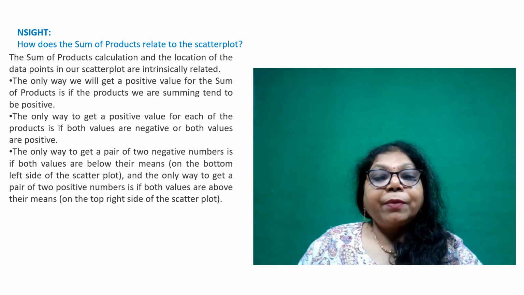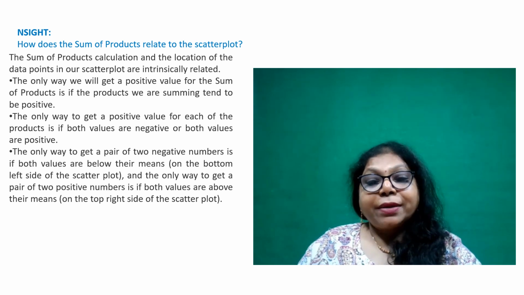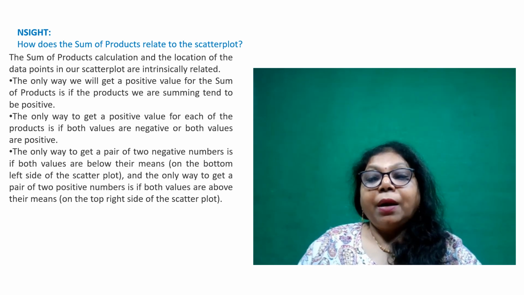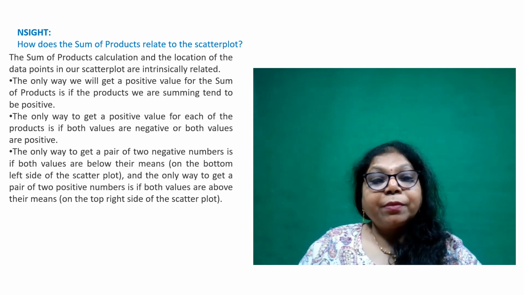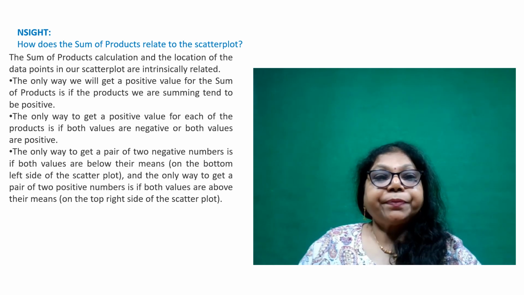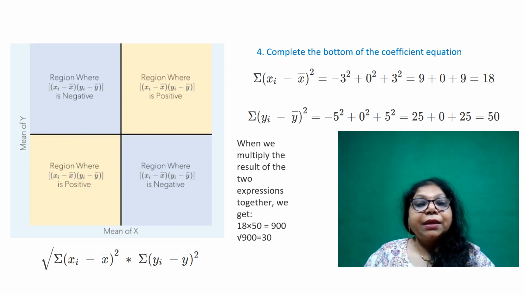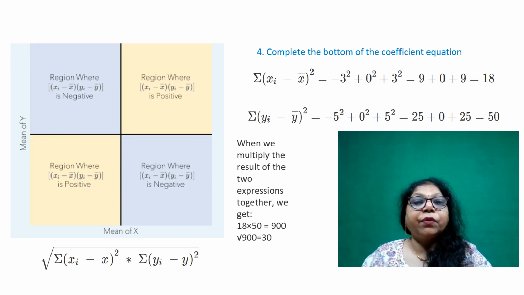So the sum of the products tells us whether data tend to appear in the bottom left or top right of the scatter plot. That means a positive correlation. Alternatively, if the data tend to appear in the top left and bottom right of the scatter plot, that means it is a negative correlation. Here we can see the mean of x and mean of y, and where the points lie, whether positive or negative.